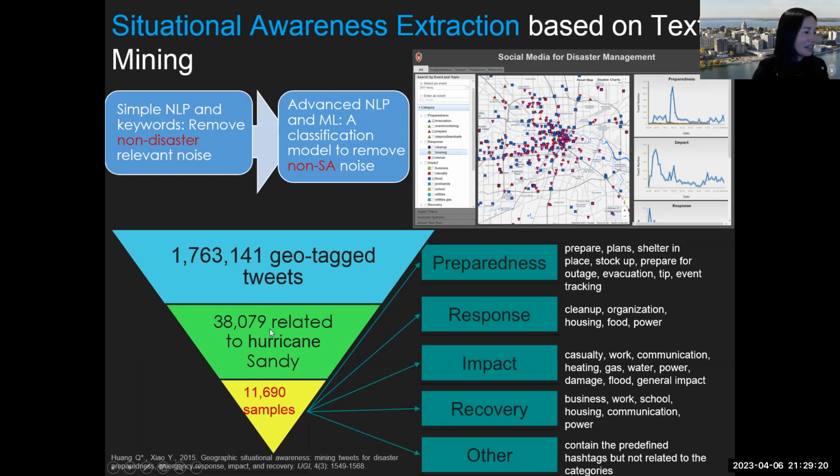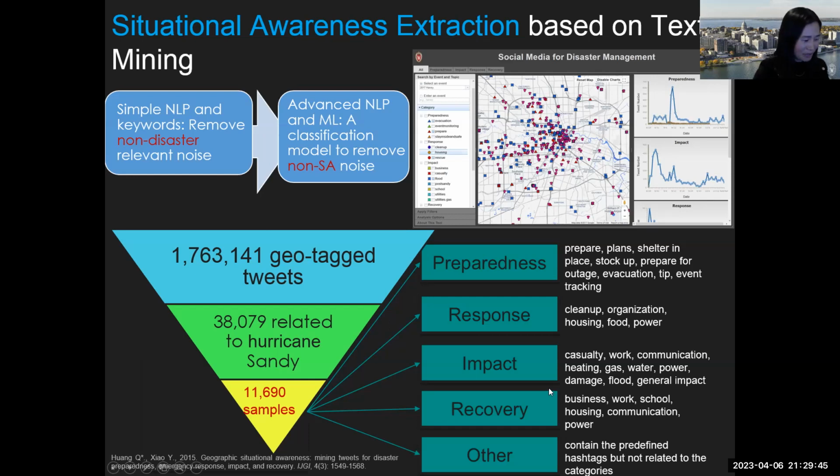And then we randomly sampled 11,000 labels to train a machine learning model that can automatically classify the messages into different categories within different stages of disaster management, including preparedness, response, impact, recovery.